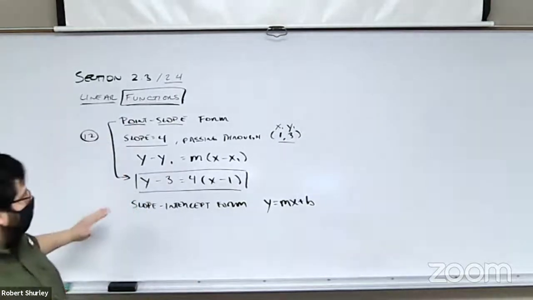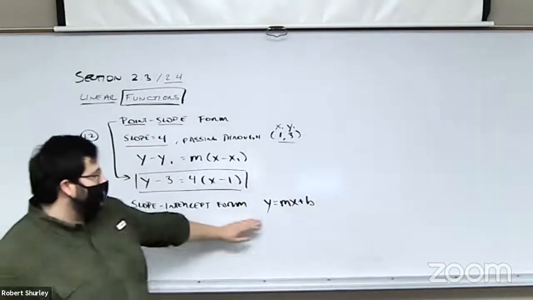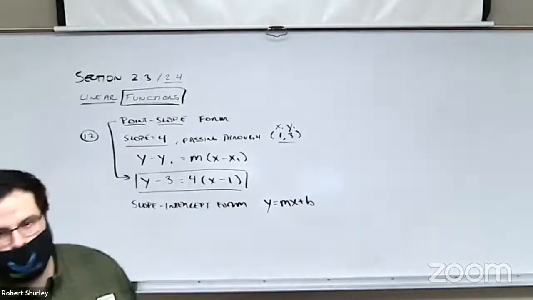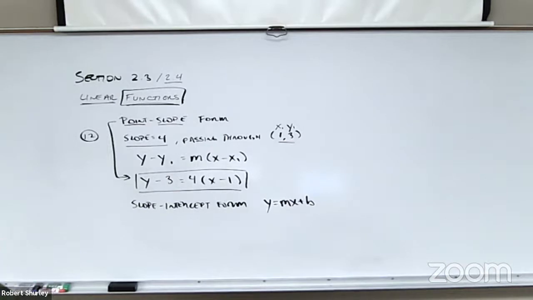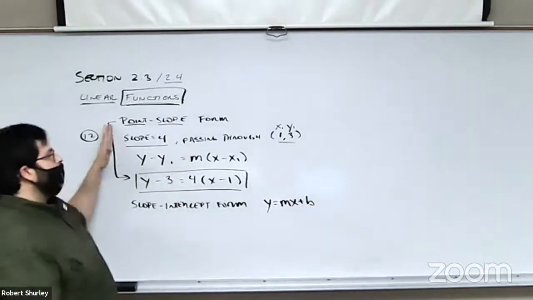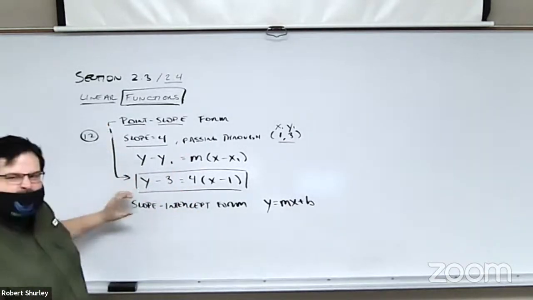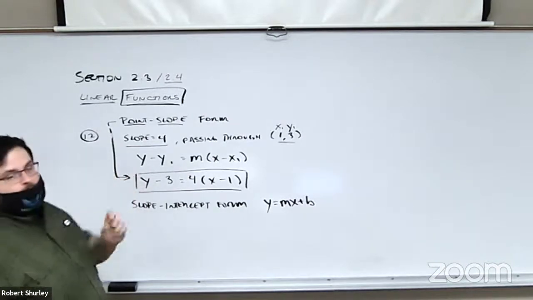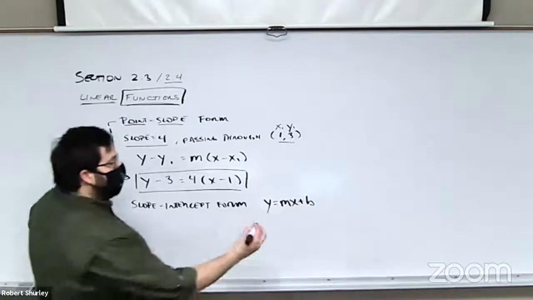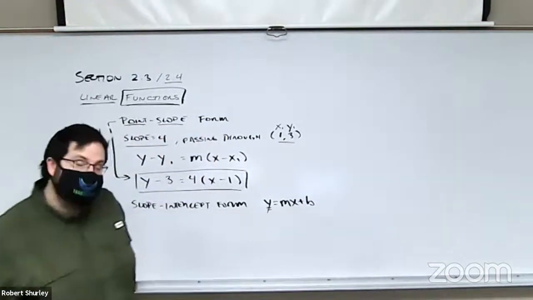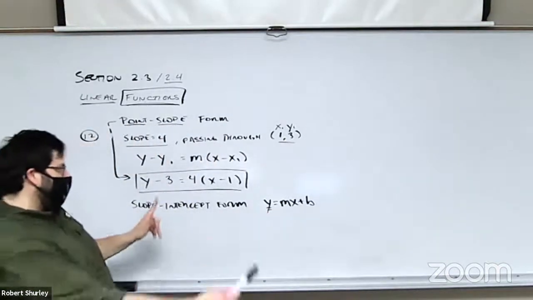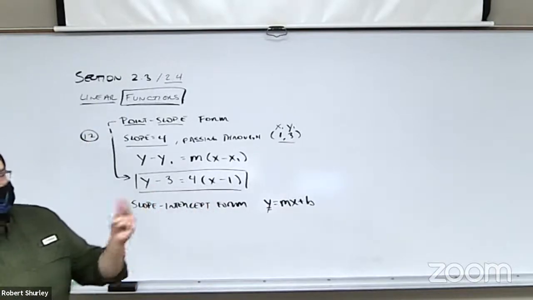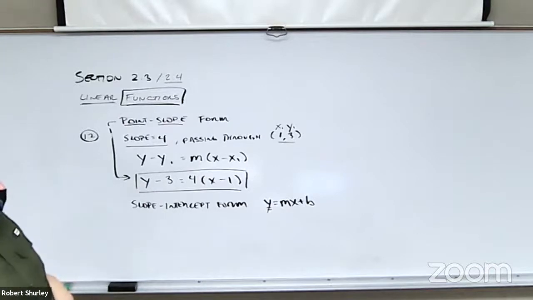So if we put a line in slope intercept form, it automatically puts it into function form. The reason we do point slope form first is it's really easy to go from point slope form to slope intercept. The goal in slope intercept is to get y by itself, and that's exactly what we're going to do with this little equation. Then automatically it puts it in slope intercept form.